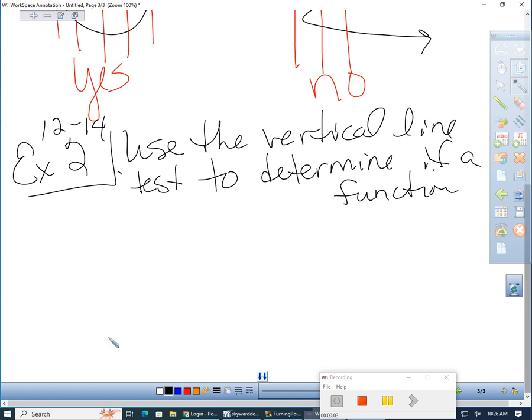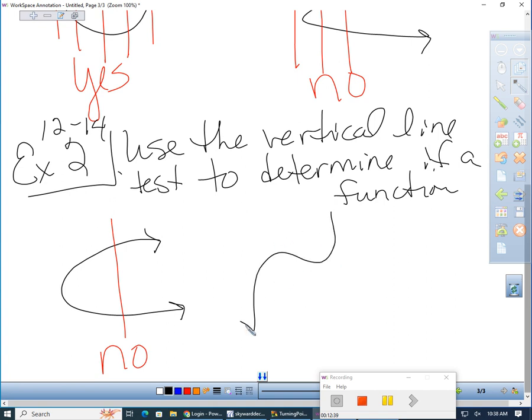So again, I'm just going to do it without the background graph there so you can see it a little bit better. How about this one? Draw it through. This would be no, all right? How about this one? This would be yes, exactly, good.